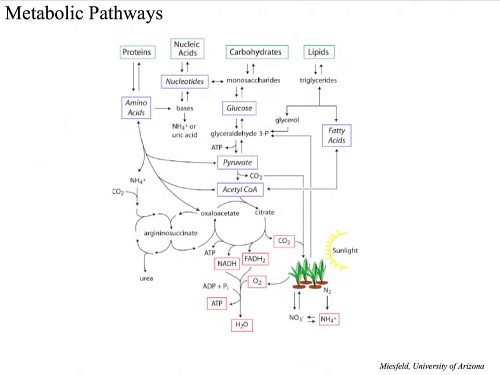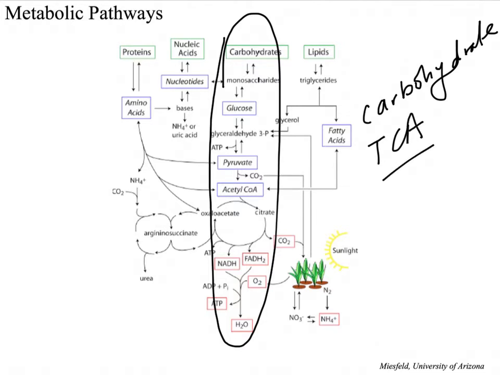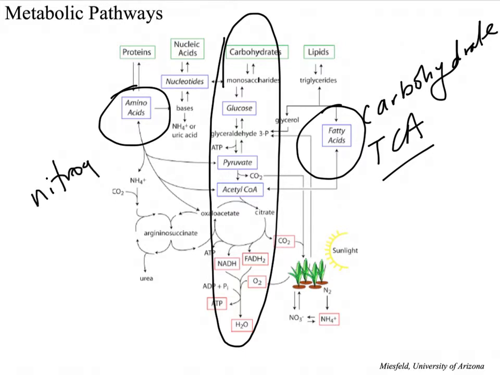And so just to simplify things a little bit more for you, these are the metabolic pathways that we are going to explore this semester. We're going to look at carbohydrate chemistry, we're going to look at the TCA cycle, we're going to look at how fats are synthesized and broken down, and how nitrogen is metabolized.